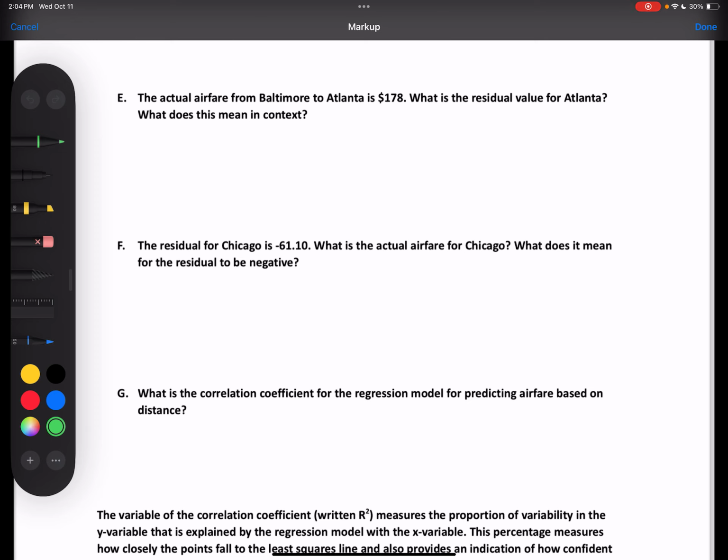So up here, just so that it's out of the way, airfare hat is equal to 83.27 plus 0.12 times, and it was 576 miles from Baltimore to Atlanta.